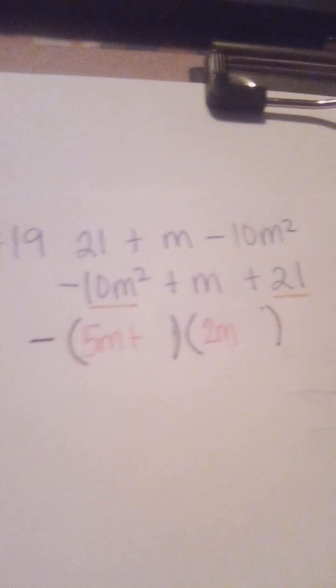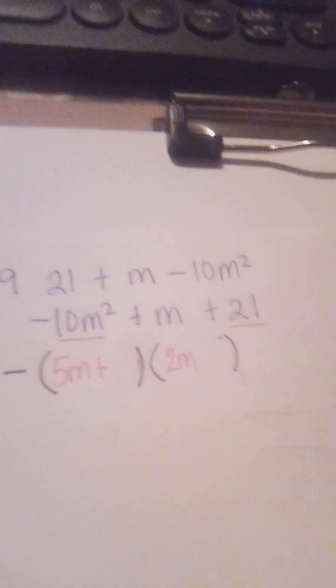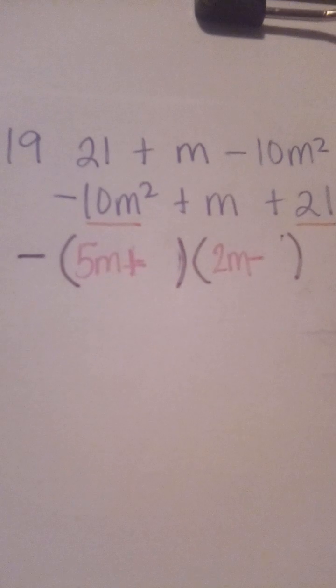I'm going to clean this up a little bit. It looks too close. There you go. Now, perfect. A positive in the first set of parentheses, and a negative in the second. All right, that has been taken care of on the m's.